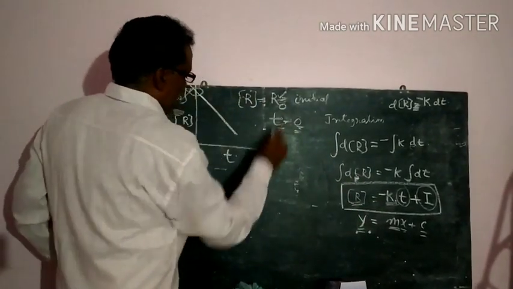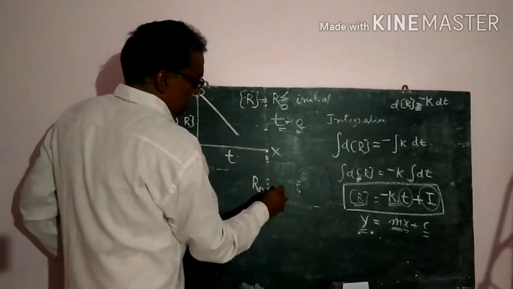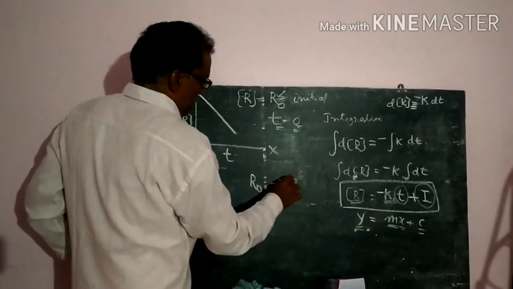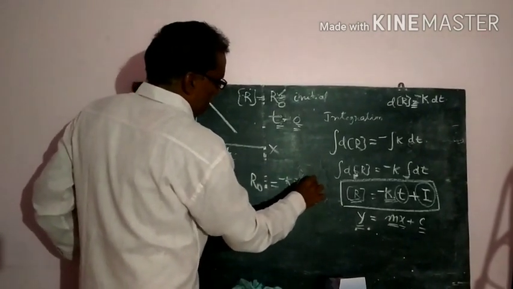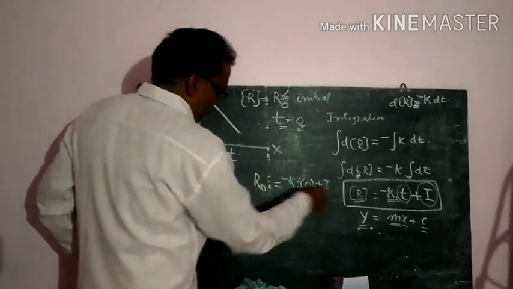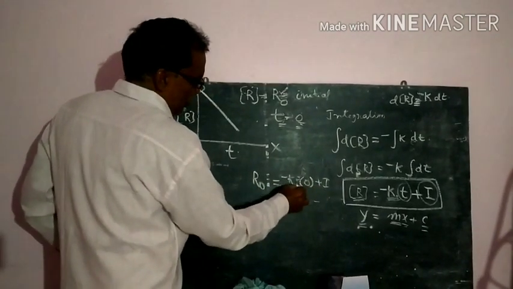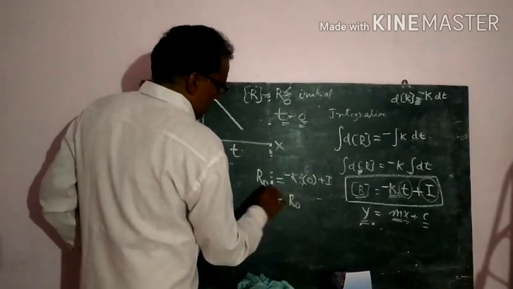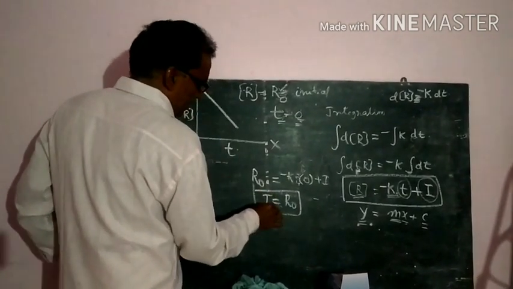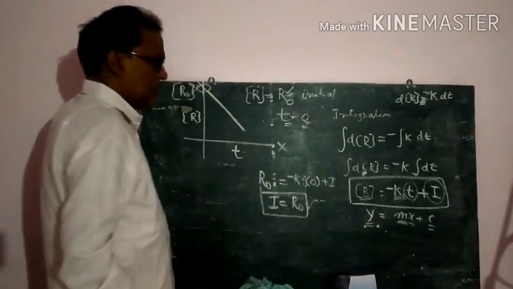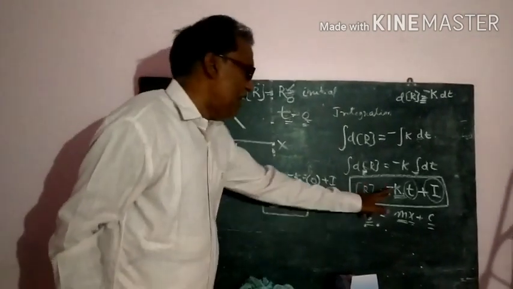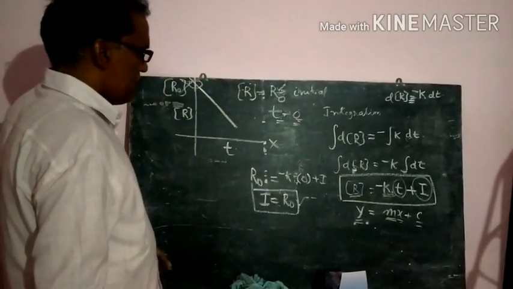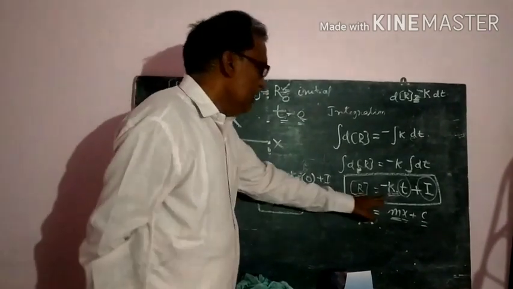R means R0, the initial concentration, is equal to minus K into time 0 plus I. From this, minus K into 0 is 0. Therefore, I is equal to R0. So, this is the value we got. I is nothing but the initial concentration. Substitute this I value in this equation.